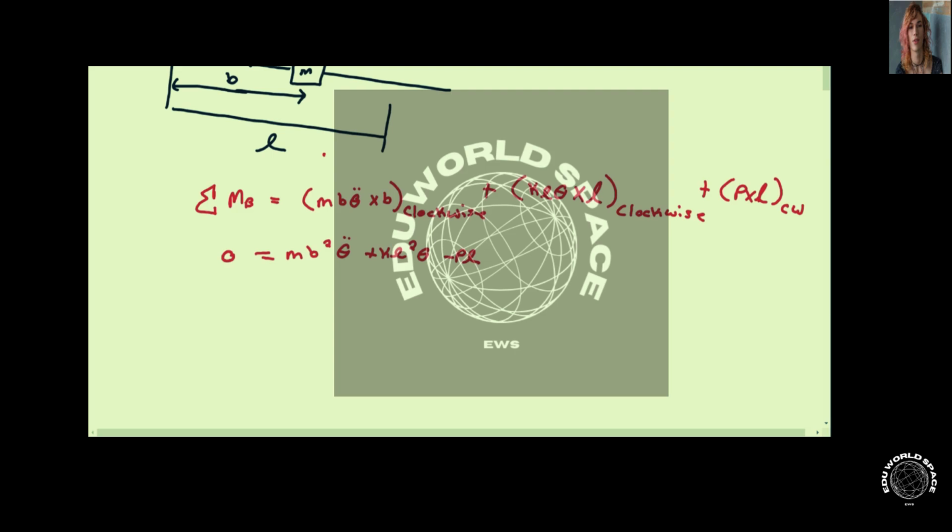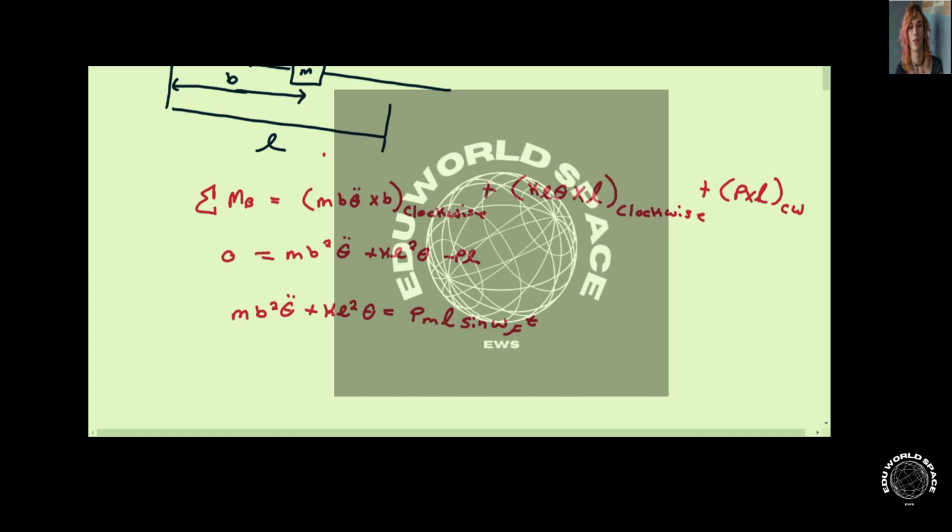And what we can get is actually m b squared theta double dot plus k l squared theta equals Pm, and we're going to substitute Pm sine, and we'll put this L here, sine omega F t, for the P. And this is a periodic force. So Pm is the amplitude of a periodic force, omega F is its frequency, and the time is t.